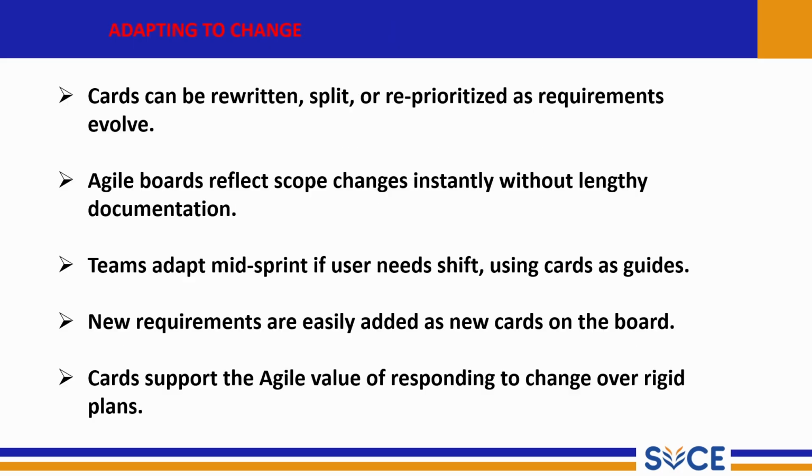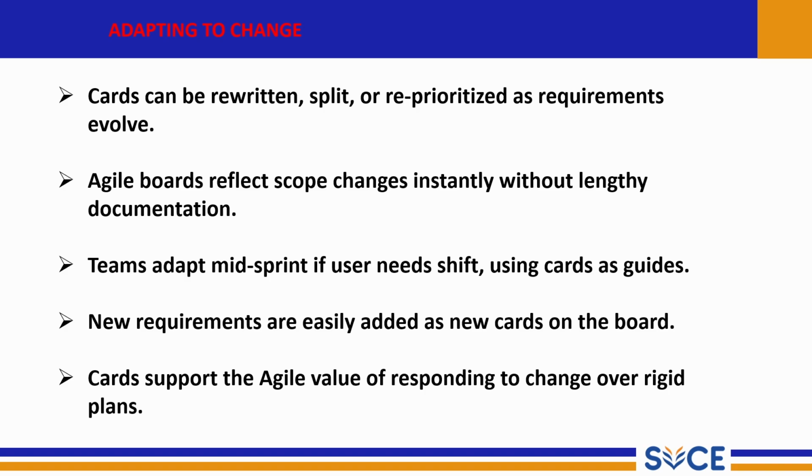In the next slide, we'll see adapting to change. Cards can be rewritten, split or reprioritized as requirements evolve. They are flexible, not rigid. Agile boards reflect scope changes instantly without lengthy documentation. Teams adjust quickly without heavy paperwork.